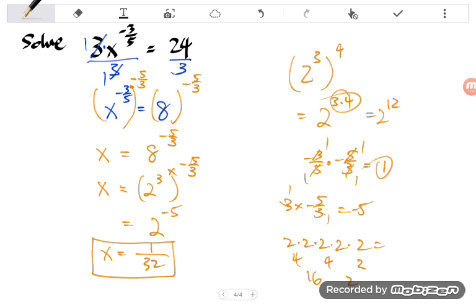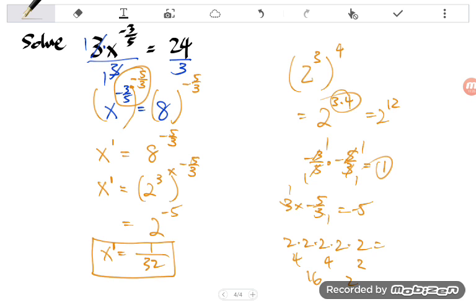Okay, so I guess the overall big picture is to use the rules that we learned from our previous math classes, the laws of exponents, to help us get this power of 1 that we are hoping to get.